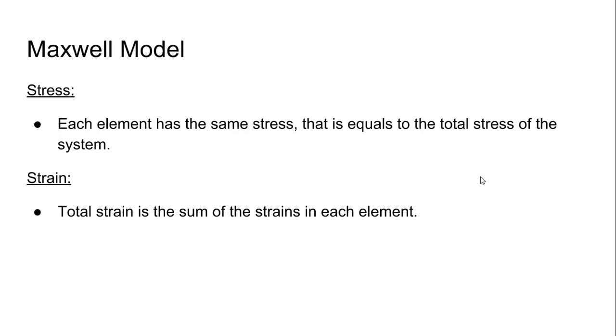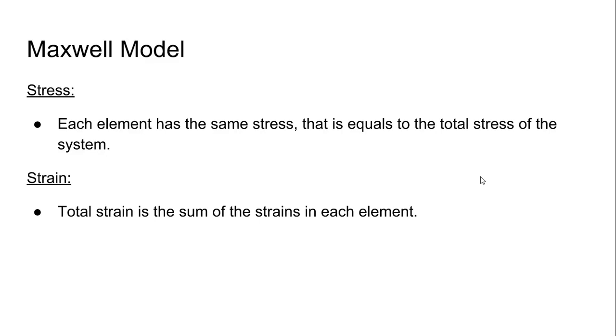Okay, so when we look at the Maxwell model, a property that's really important is what describes the stress and the strain, right? Because we want to find the best way to model viscoelastic behavior. In the Maxwell model, each element has the same stress.